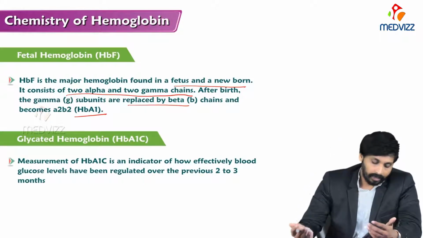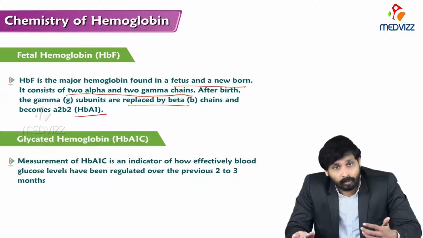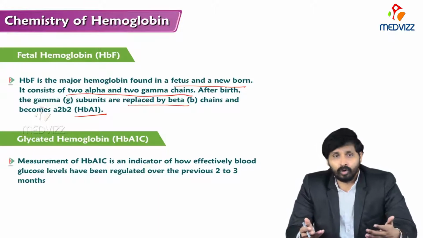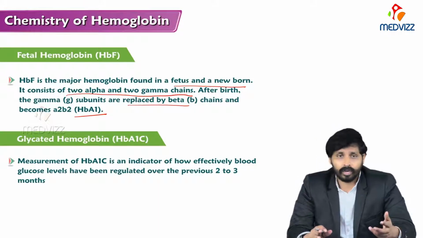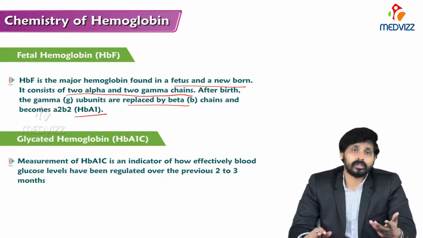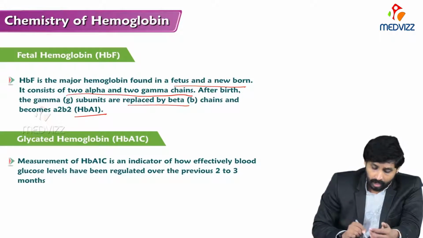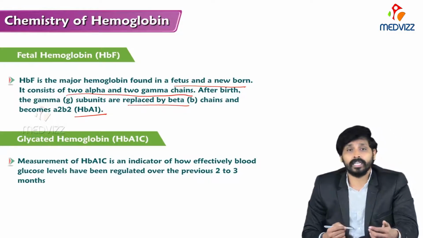And the other form is glycated hemoglobin. So what is glycated hemoglobin? It is an abnormal hemoglobin where excess glucose or carbohydrate attaches to the hemoglobin and forms glycated hemoglobin. What is the importance of this HbA1c?